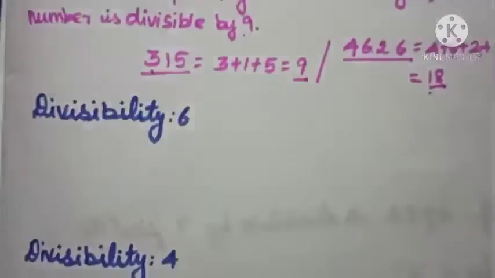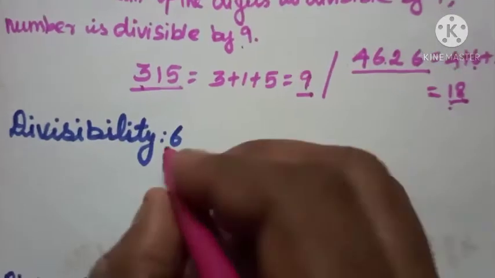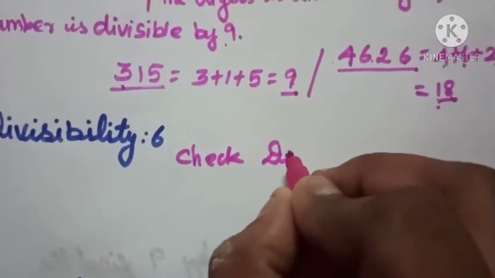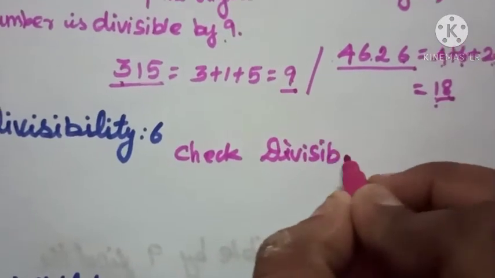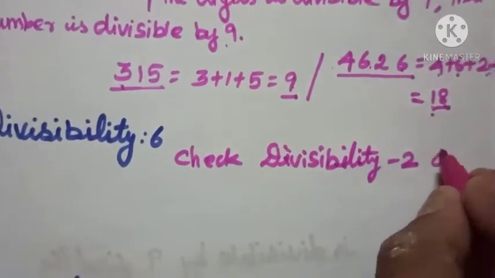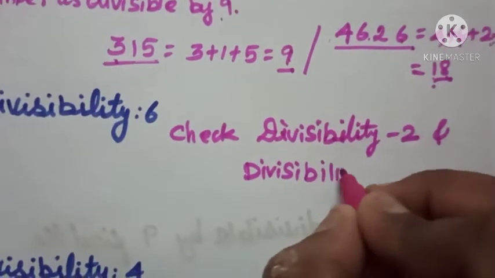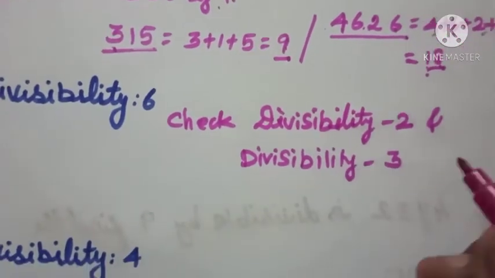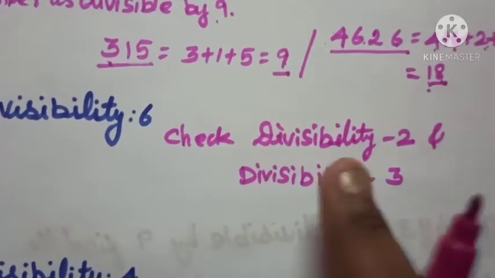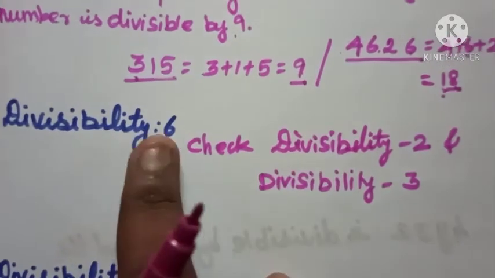Okay, next divisibility rule 6. So 6 is nothing but we need to check divisibility by 2 and divisibility by 3. If a number satisfies divisibility rule 2 and divisibility rule 3, at that time only that number is divisible by 6.